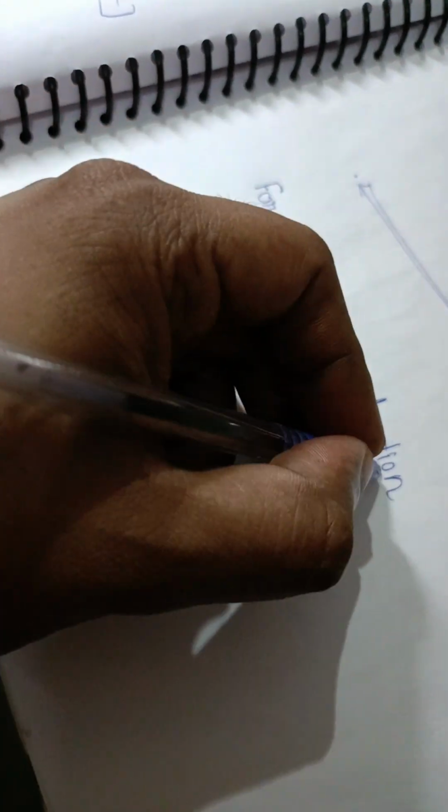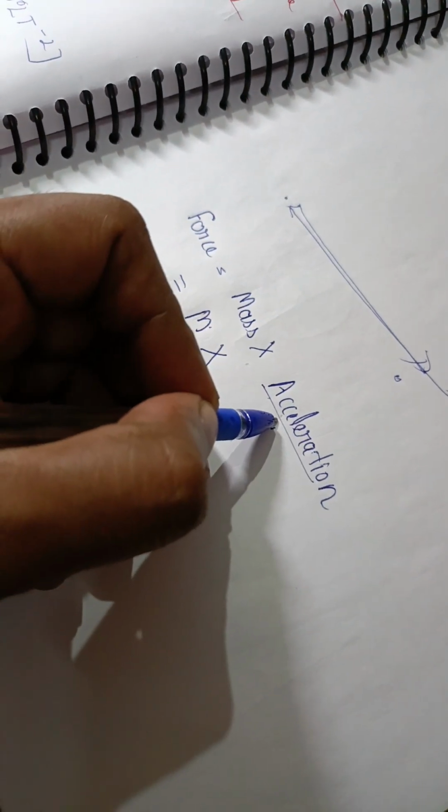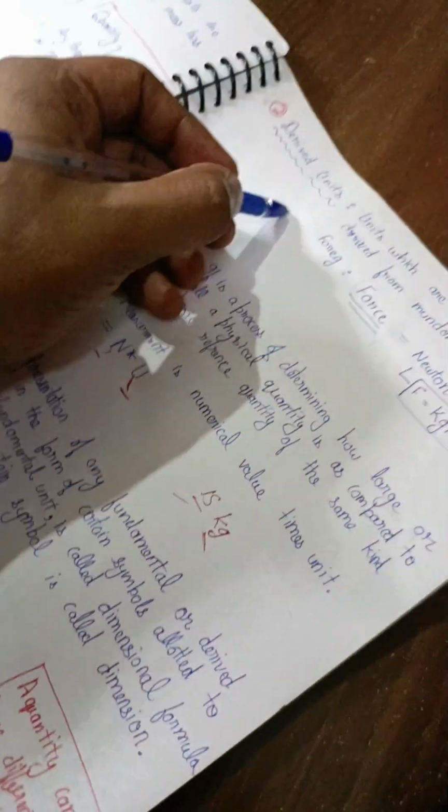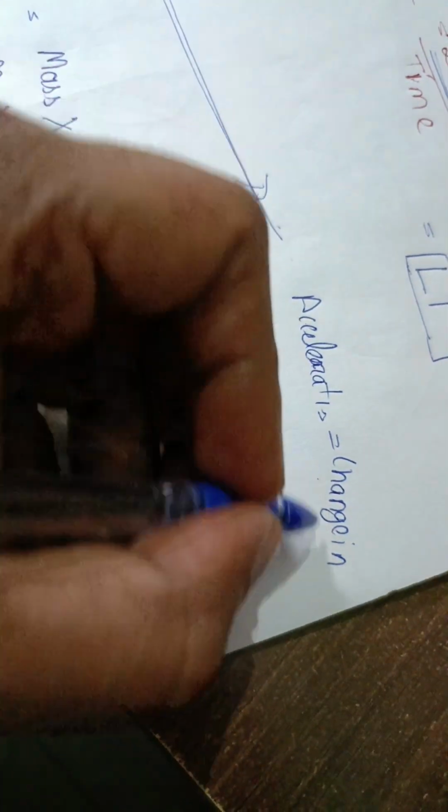And what is acceleration now? Acceleration is a derived unit itself, so we have to first break it down. Acceleration equals change in velocity upon time.